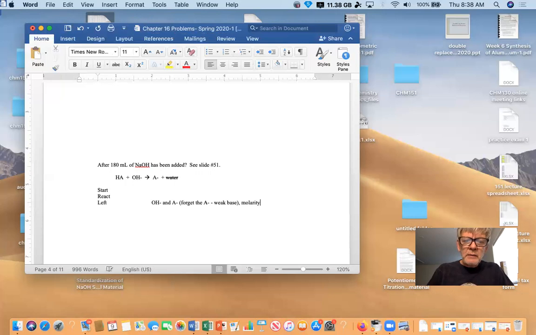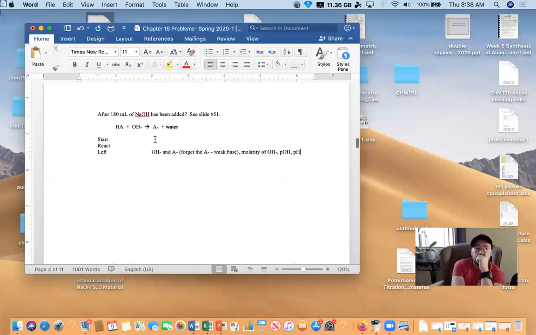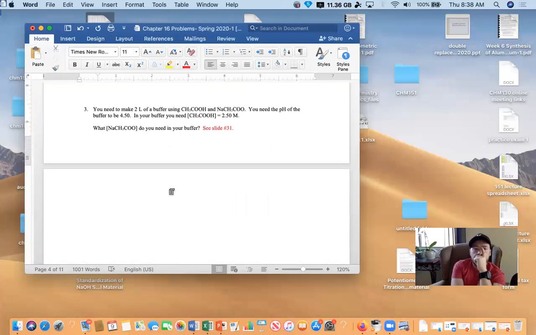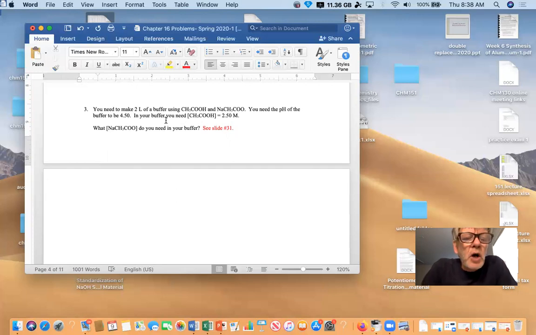You get the molarity of the OH minus, use that to get pOH, and then from pOH get the pH that the question's asking for. Okay. So question 1 and 2 are very, very similar. It's just the equation has flipped around. Okay. So this question, as some of you have been working on the buffer lab, is very similar to the first question in the buffer lab.